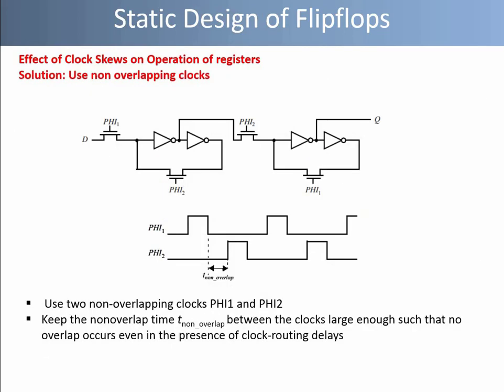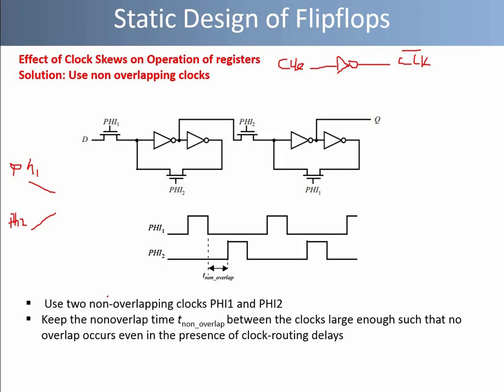One solution to avoid the phenomena of clock skew is that instead of having a system where we have just one signal clock and its inverted clock is obtained by passing it through an inverter circuit, why not have two independent signals denoted as phi 1 and phi 2, and these signals are generated from two independent sources, and one signal is the exact complement of the other signal in such a way that the overlapping between two signals never occurs.